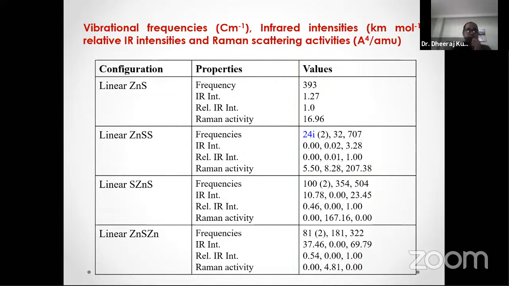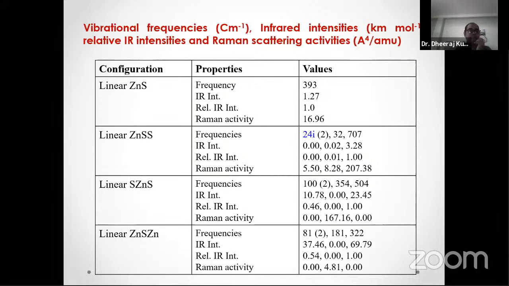This is the table which contains the vibrational frequencies and infrared intensities, relative infrared intensities, and Raman activities. We can see that in 3 atoms configurations, linear ZnSS has imaginary vibrational frequencies, which is shaded in blue color. It represents the imaginary vibrational frequencies.